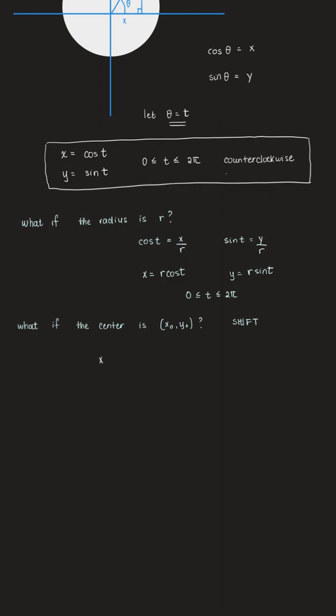So x is going to shift right or left depending where x sub 0 is, so we're going to add that to our cosine. And y is going to shift up or down to get to y sub 0, so we're going to add that to our sine. And now we still have 0 less than or equal to t less than or equal to 2 pi.